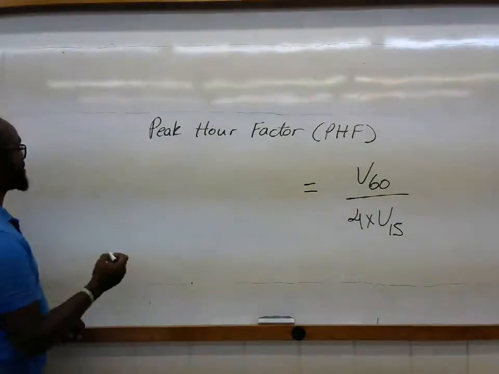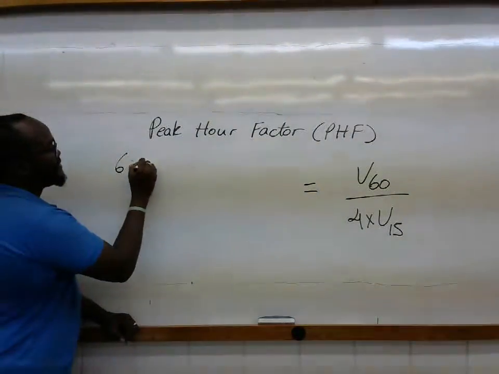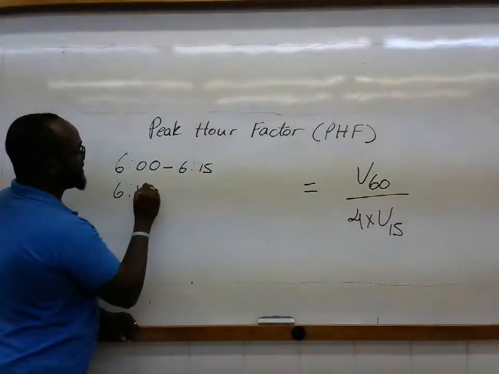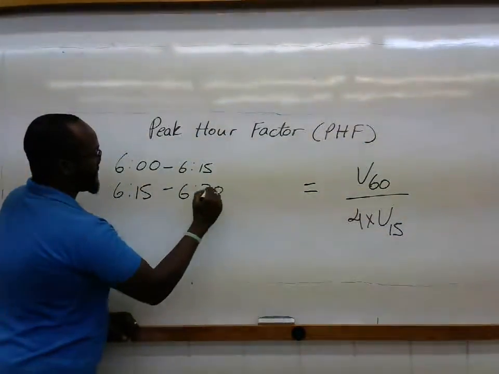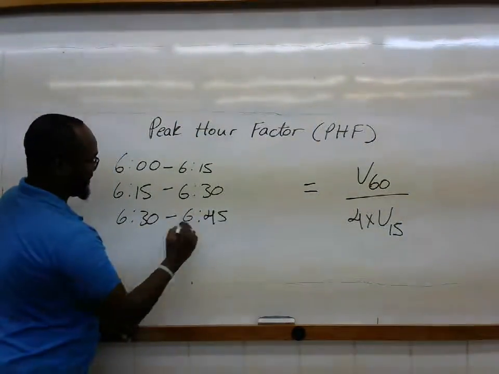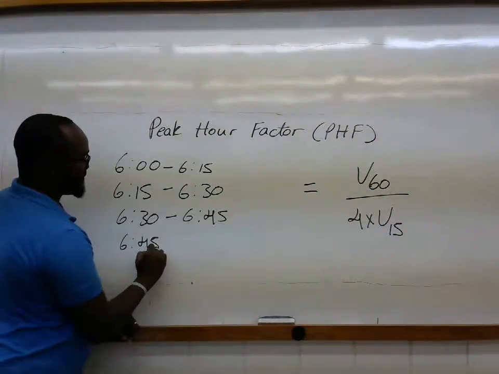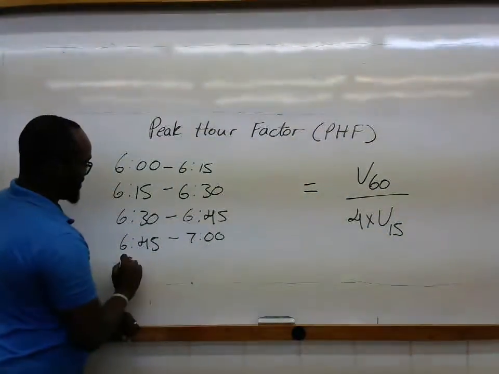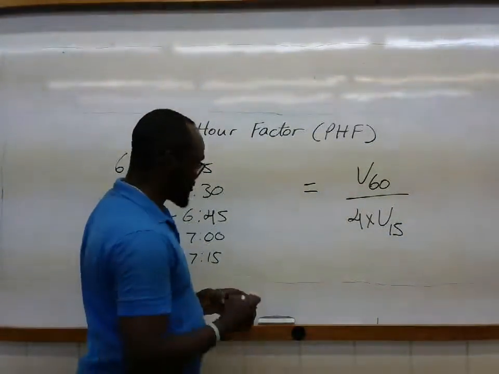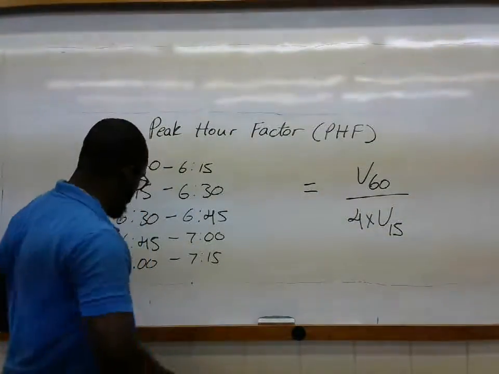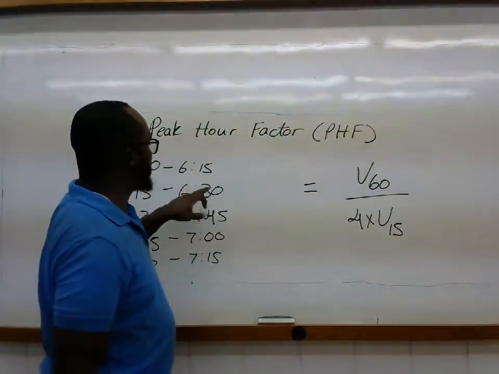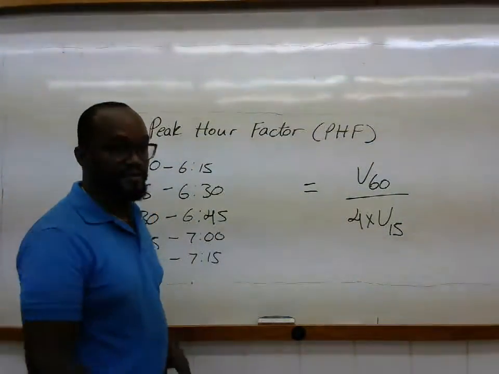So, for example, the data would be recorded from 6 to 6:15, 6:15 to 6:30, 6:30 to 6:45, 6:45 to 7, 7 to 7:15, etc. The peak hour is the maximum of any of the 4 consecutive 15-minute periods.